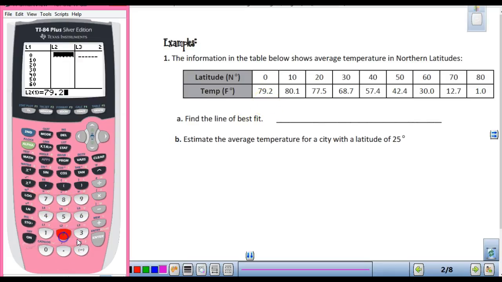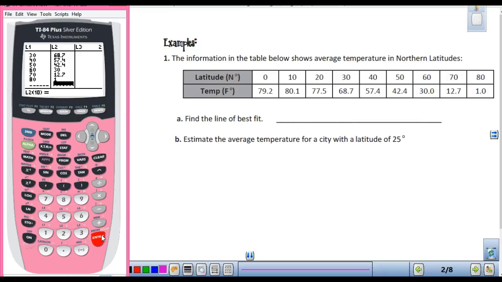So 79.2, 81, 32.4. Make sure you're looking up here at what it puts in your list and make sure that you've got the right numbers, because mine's kind of been going a little bit crazy up here. 7 and 1.